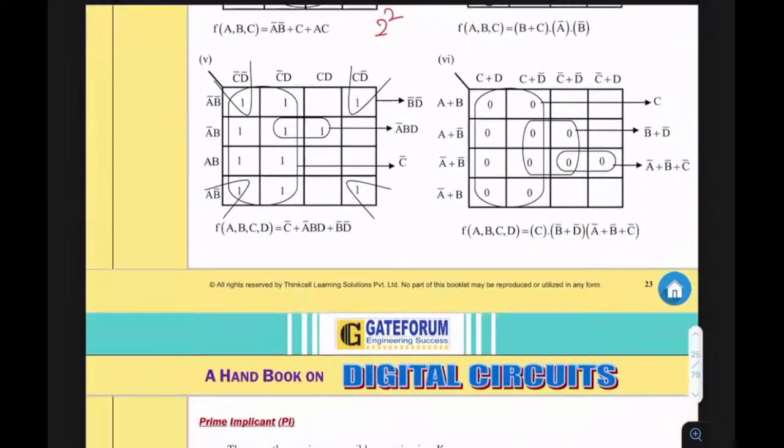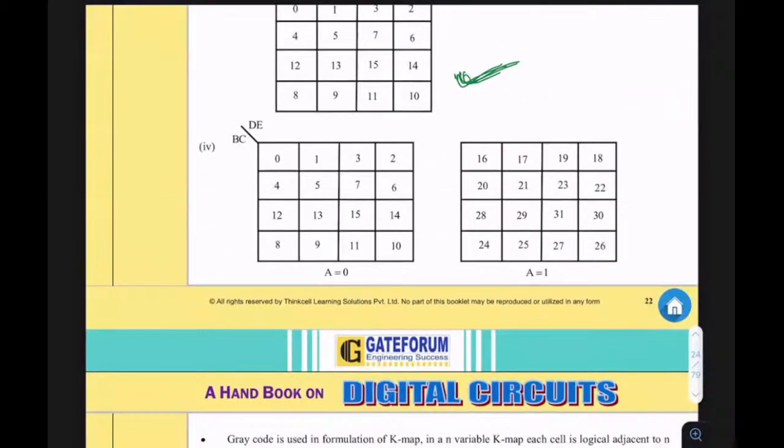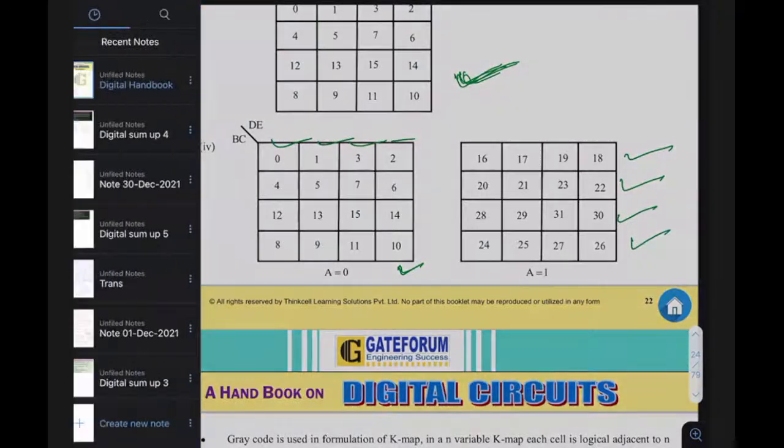If you want to see the corresponding structure, the numbers are 0, 1, 3, 2, 4, 5, 7, 6, like a 4-variable map, and next 16, 17, 19, 18, 20, 21, 23, 22, 28, 29, 31, 30, 24, 25, 27, 26. So this is the standard 5-variable map.